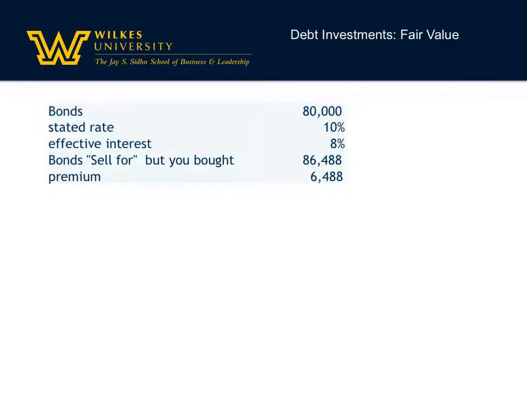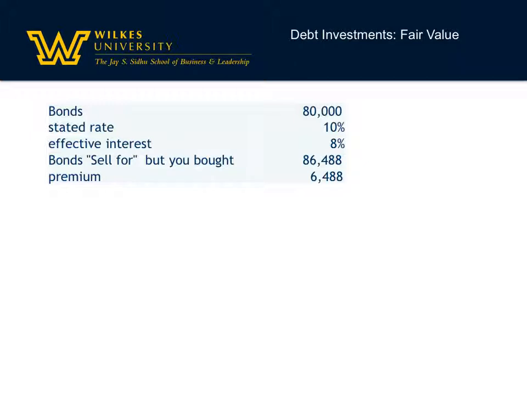But what about the fair value method? Now, with the amortized cost, the example I used was a discount. You could do the same thing with a premium, except you would be reducing the carrying value. So, for illustration purposes, here's a debt investment with the fair value method, and this is done with a premium. The stated rate's 10% and the effective interest rate is 8%.